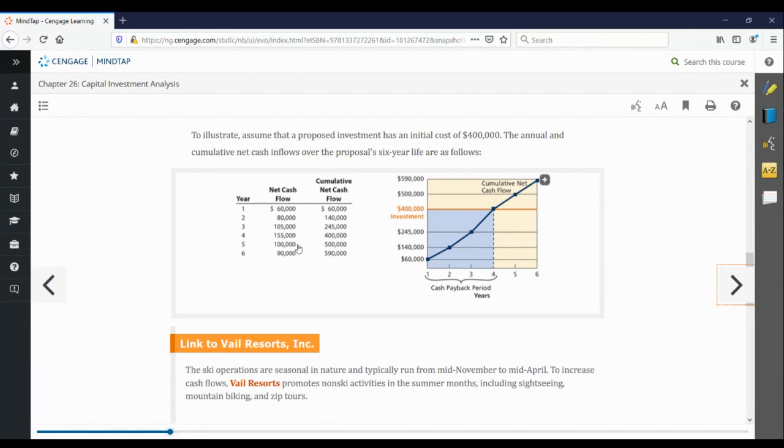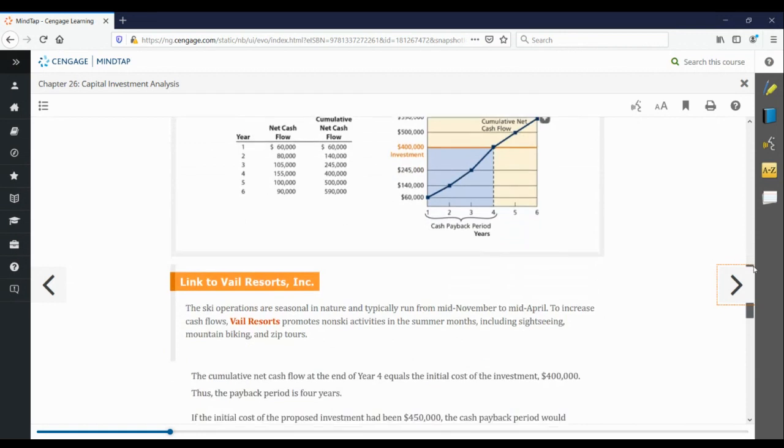I only need 50,000 of this $100,000 amount. Or in other words, I need a half a year in addition to the 4 years to make it 4.5 years before I could recover the cost of my investment.